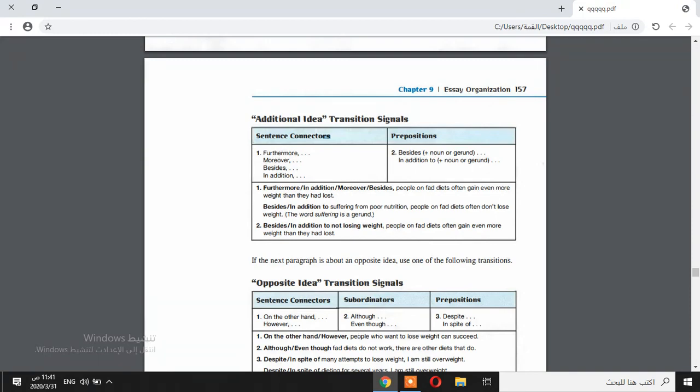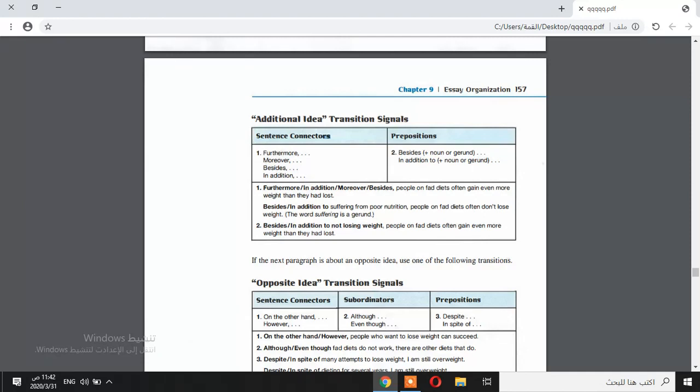Then we put a comma after these sentence connectors, and we write a full sentence, at least made up of subject and verb. This is the least component of a meaningful sentence in English.